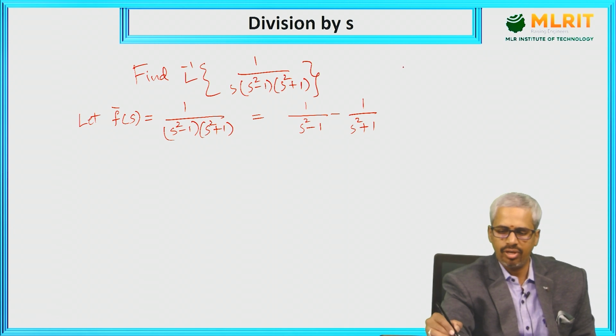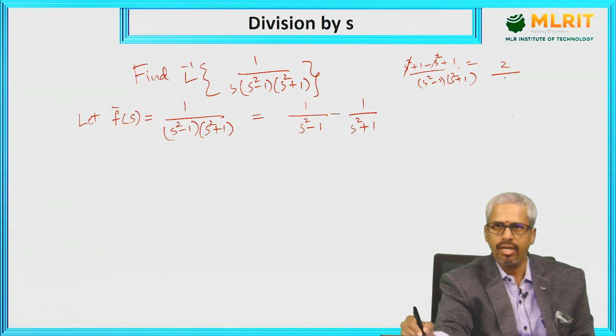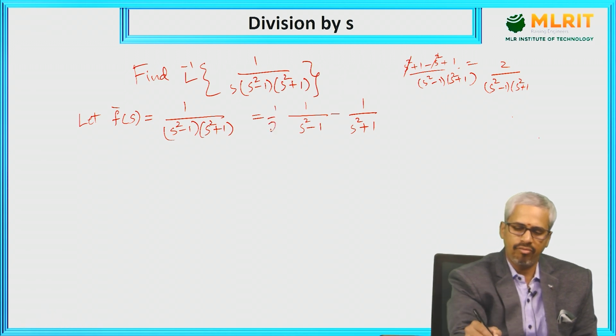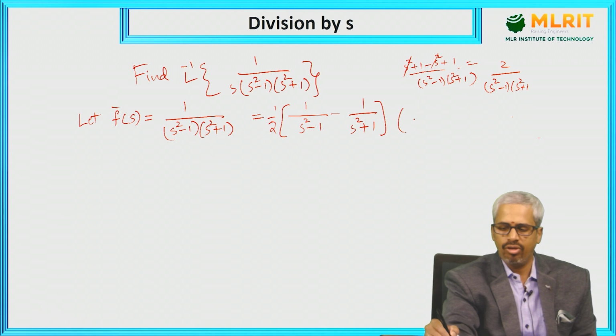So what you will get if you take out the LCM: (s square plus 1 minus s square plus 1) by (s square minus 1) into (s square plus 1). So s square cancel, you are getting 2 by (s square minus 1) into (s square plus 1). So let us divide with 2. Now these two are equal. How have we written this?